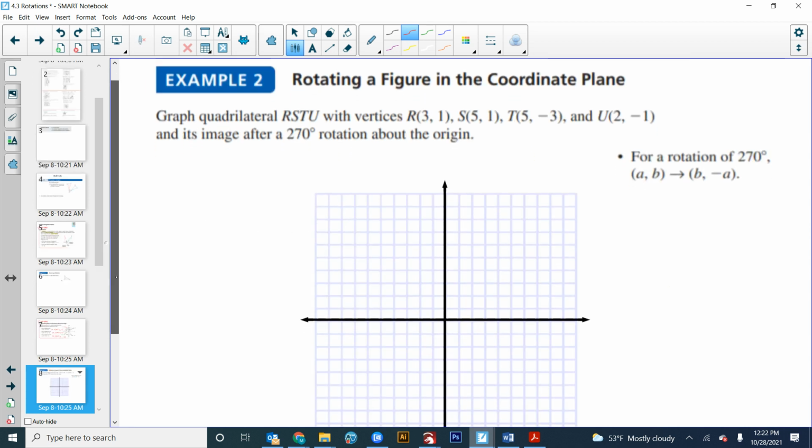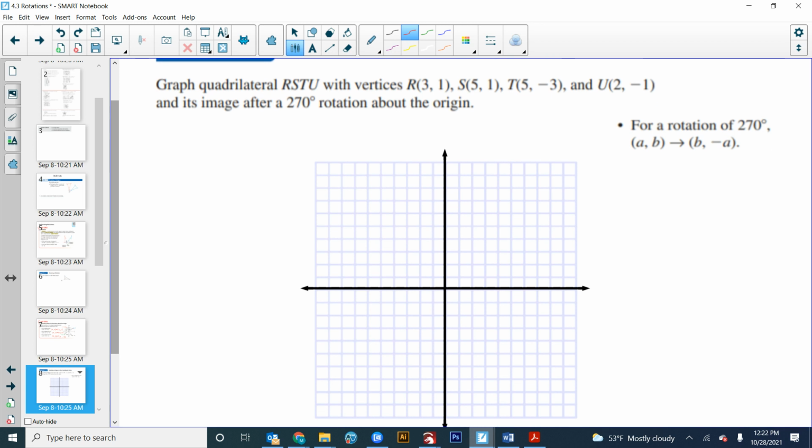We're going to graph this. R is 3, 1. S is 5, 1.